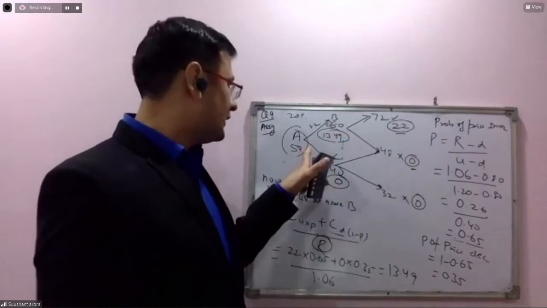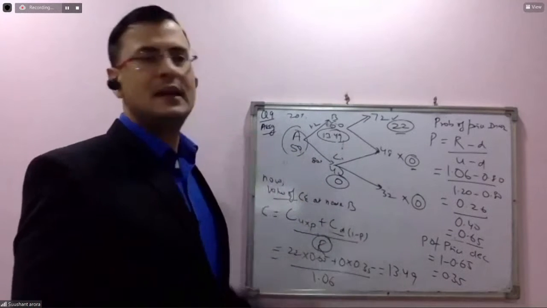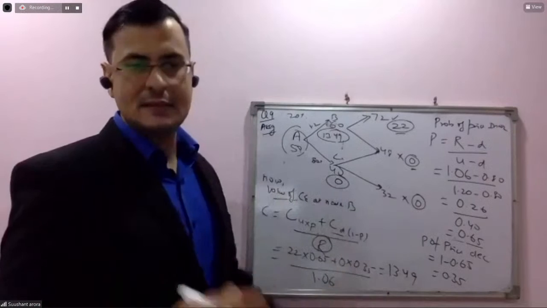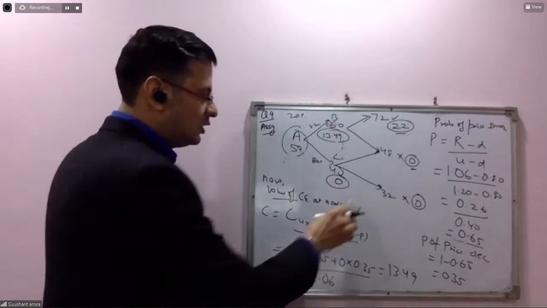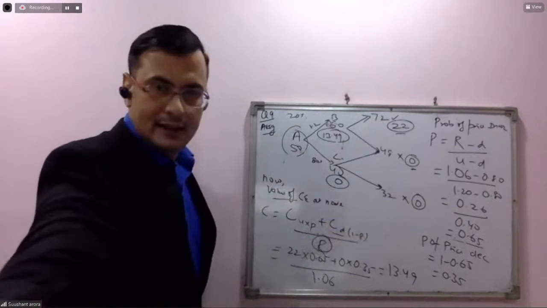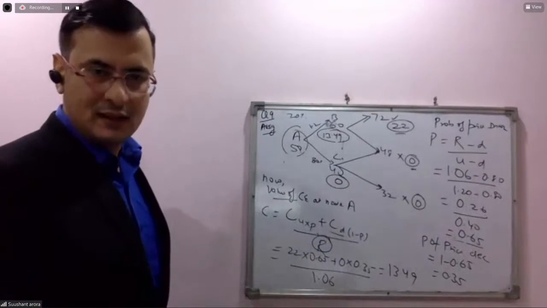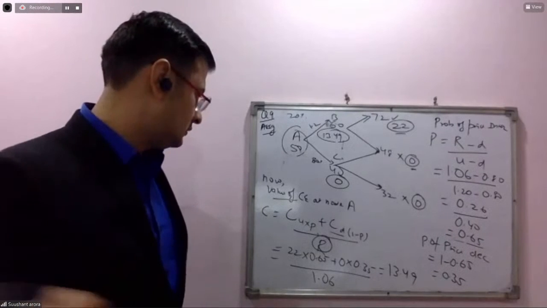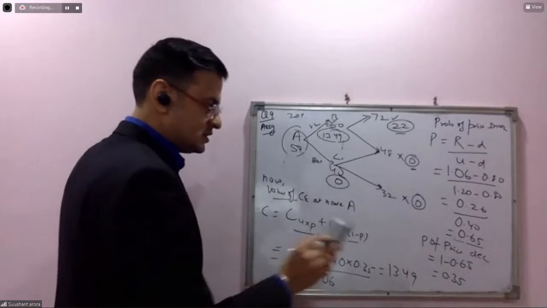So we can calculate the value of the option at node A on similar grounds. The formula will remain the same, this value will change only.